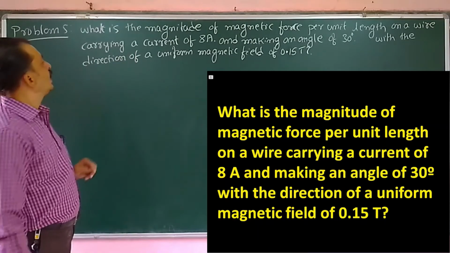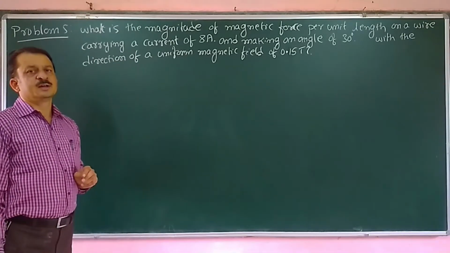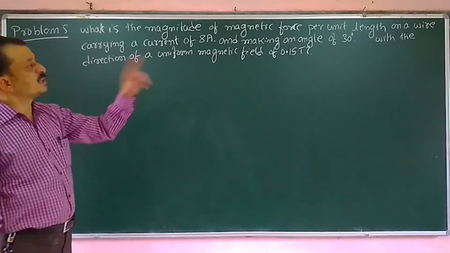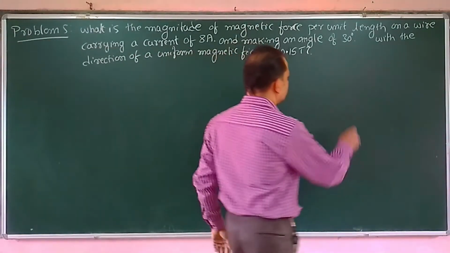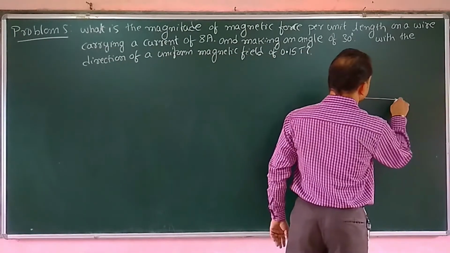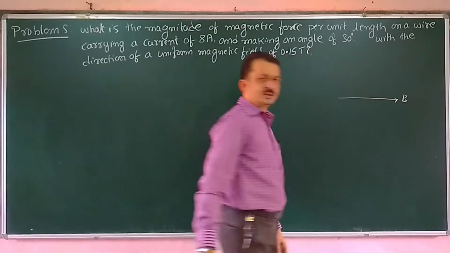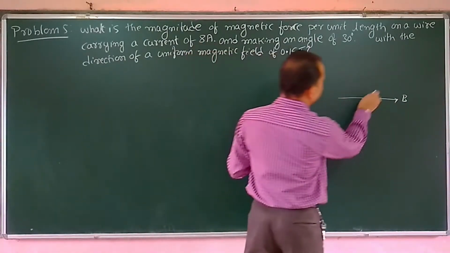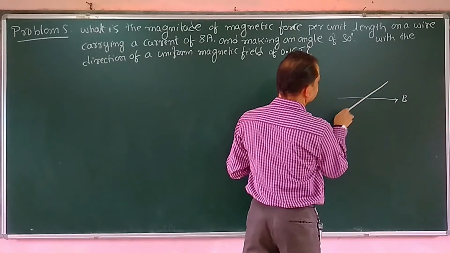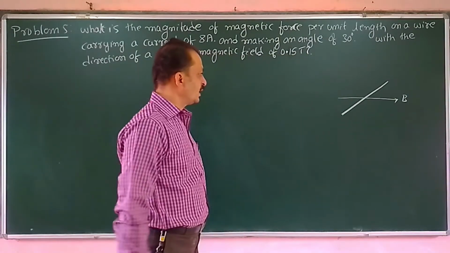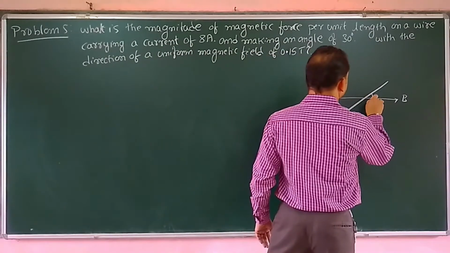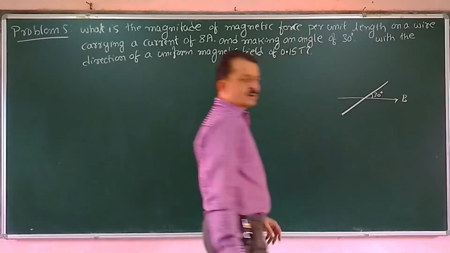So we have a current carrying wire which is making an angle of 30 degree with the magnetic field. Now if I take this as the magnetic field direction, now I am having a wire which is carrying the current, and here the angle is 30 degree.